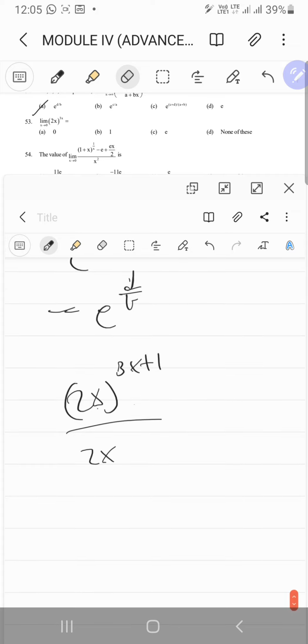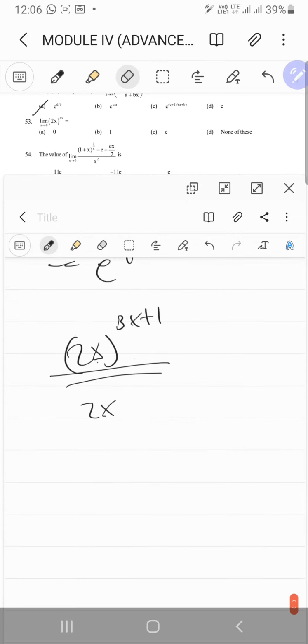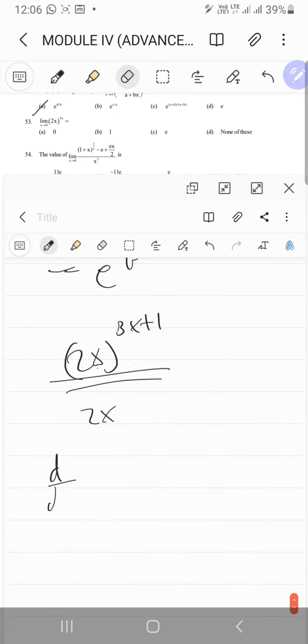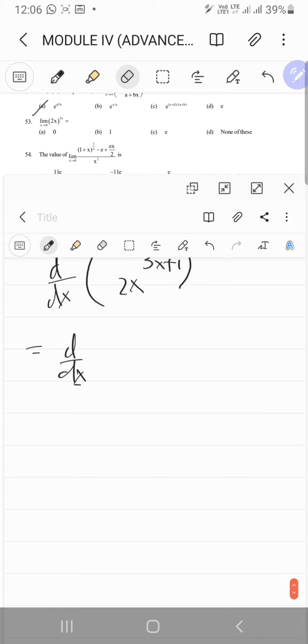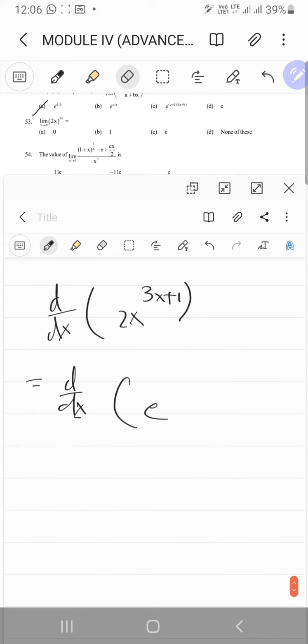So now we can just take a derivative. The derivative of this thing is a slight complication, but still, just try doing it. So derivative of 2x to the power of 3x plus 1. So d by dx e to the natural log of all this, so it should be 3x plus 1 natural log of 2x.